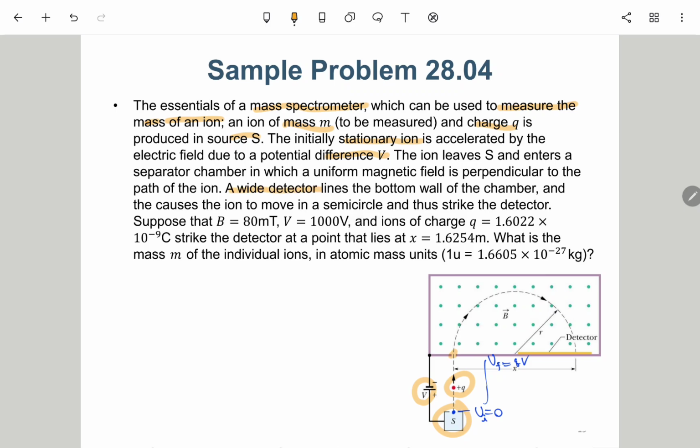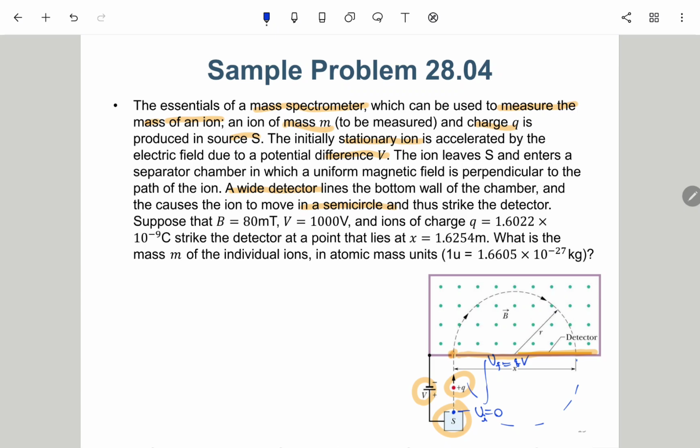Then a detector lines the bottom wall of the chamber and causes the ion to move in a semicircle. Originally it would be a circular motion, but it enters here and stops at this wall; it cannot go through as a whole circular motion. So it will only be a semicircle and thus strike the detector.